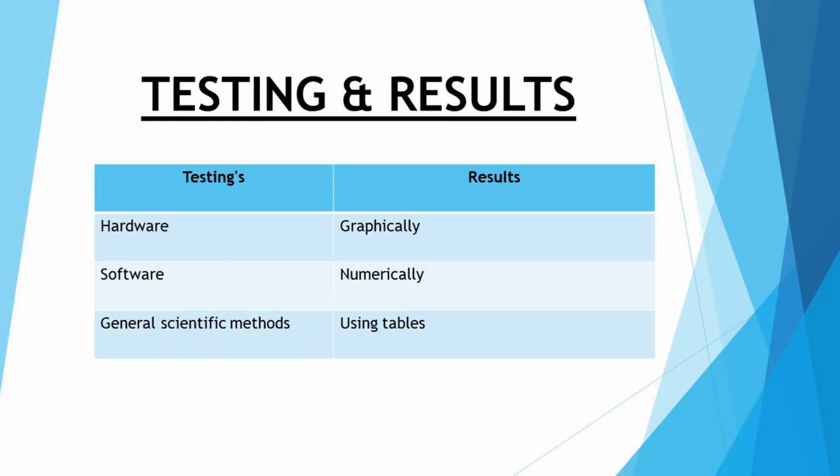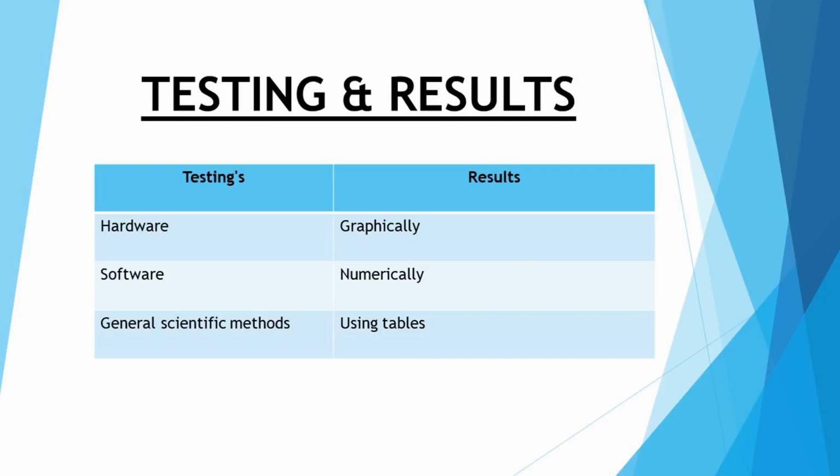Now when it comes to the results, they can be either graphical, numerical, or in tables. For comparison, you can use tables. And this also plays a typical role in your final year thesis, because this is where you're gonna use your critical thinking knowledge when it comes to the testing and results.